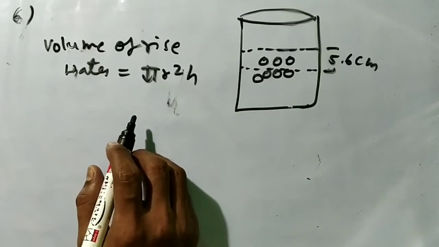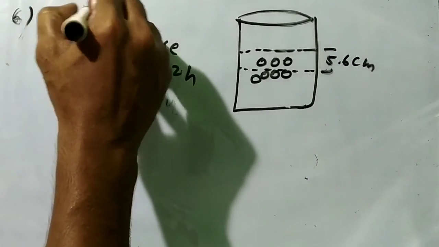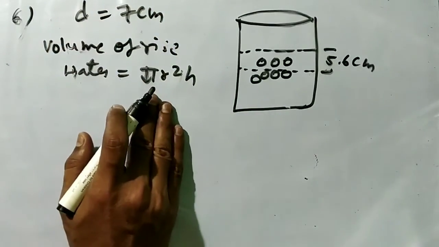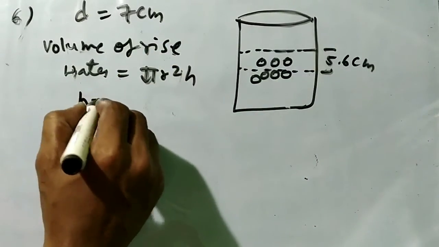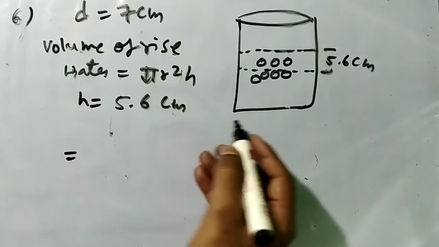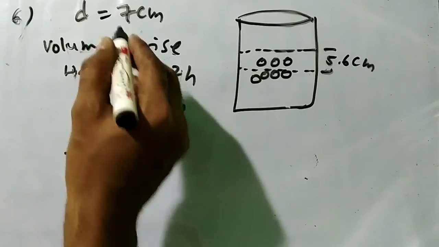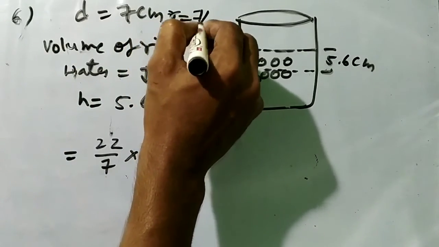In the question they have given that the diameter of the beaker is 7 centimeters, D equals 7 centimeters. Here there is no need for the height of the beaker because we are finding just the rise. They have given the rise as 5.6, so let's consider height equal to 5.6 centimeters. Here we get pi 22 by 7 into r square, where r is equal to 7 by 2.